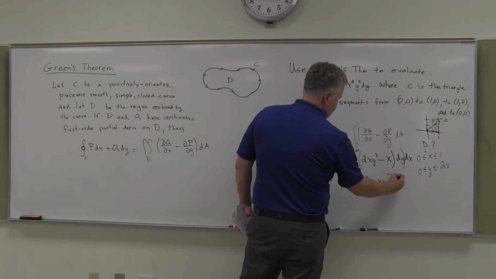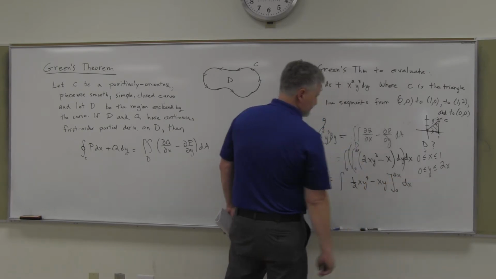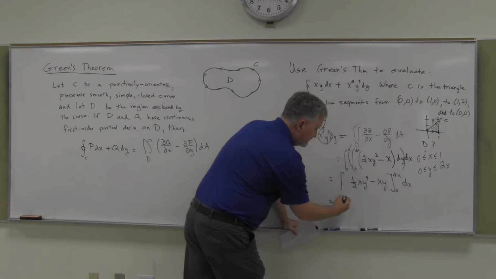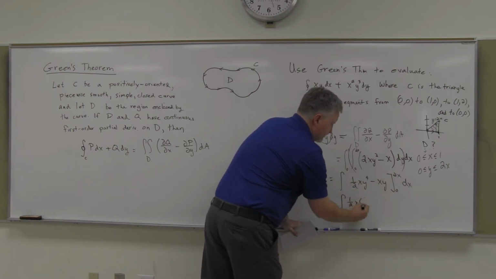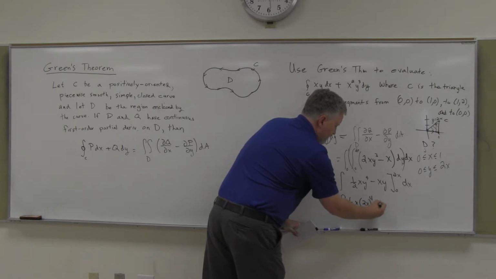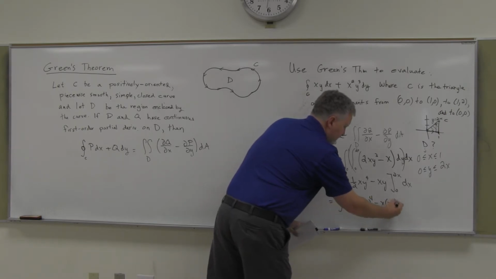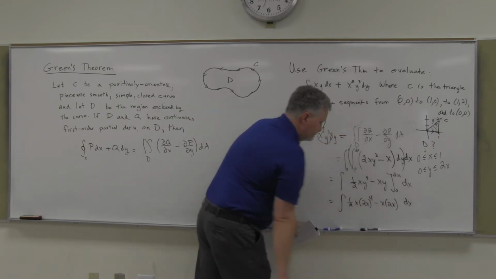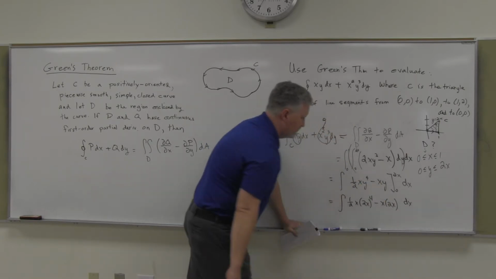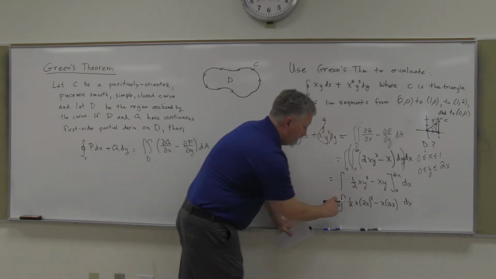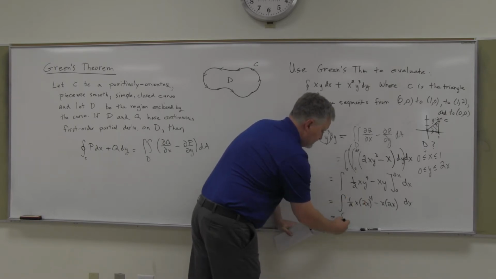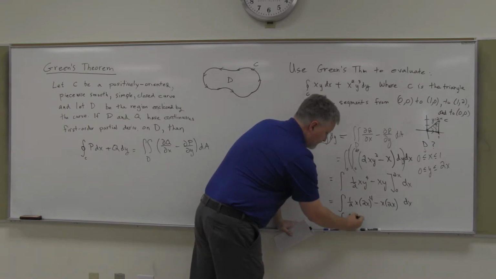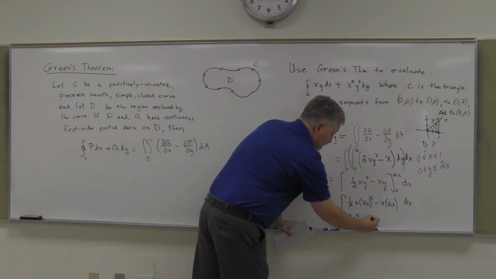And then go 0 to 2x there, and we'll do our x's. So we have 1/2 x times 2x to the fourth, minus x times 2x. The zeros give you 0. So you've got 1/2 x times 16x to the fourth, which is 8x to the fifth, minus 2x cubed dx.